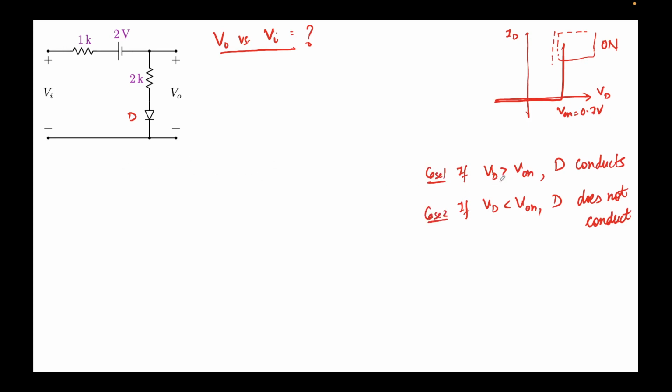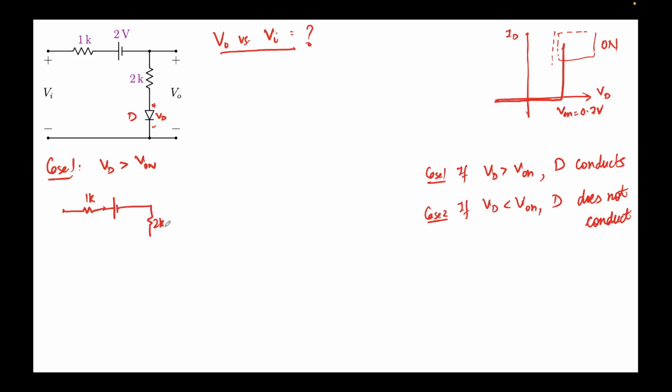That is when Vd is greater than V on. So I will do this analysis over here. Case 1, Vd greater than V on. By that I mean this voltage, the voltage across the diode, which I am calling Vd. If Vd is greater than V on, this means the diode conducts, and thus the whole circuit can be replaced by this equivalent circuit.